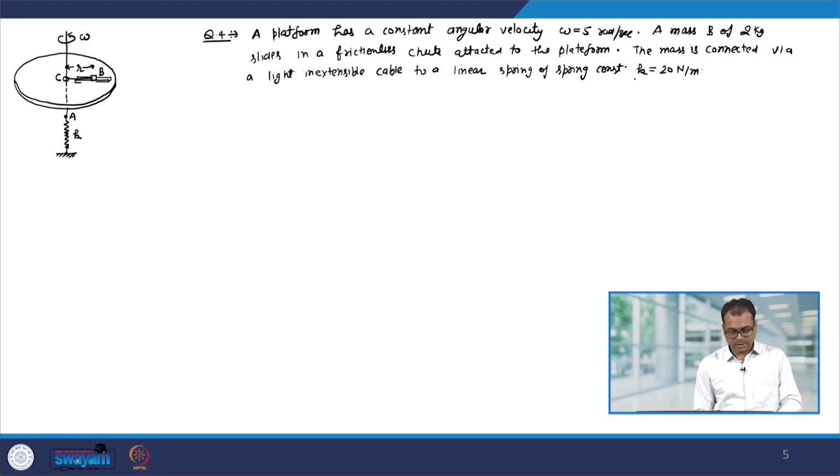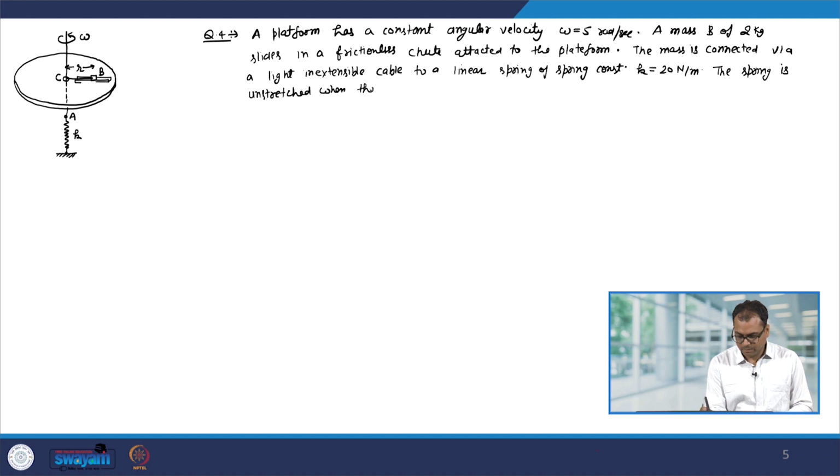The spring is unstretched when the mass B is at the center C of the platform.